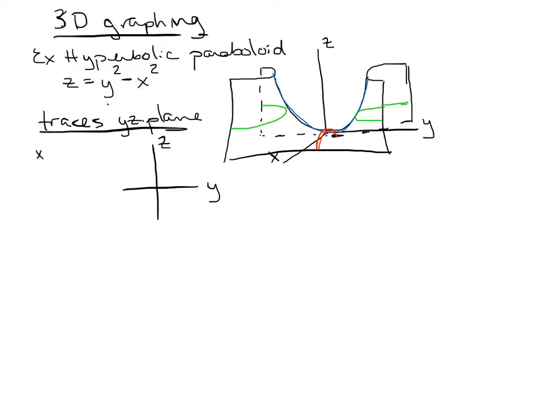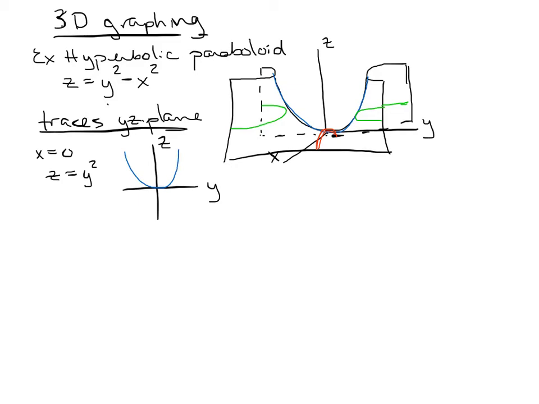So, let's say that x is equal to 0. When x is equal to 0, that gives us the equation z equals y squared. So, that would be a parabola, z equals y squared. There's that parabola right there.